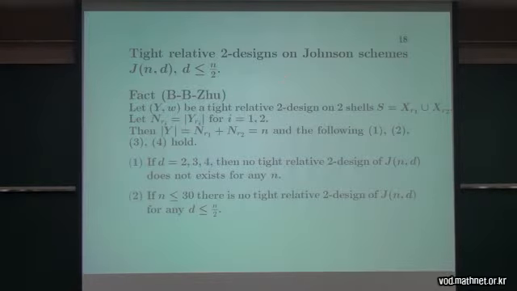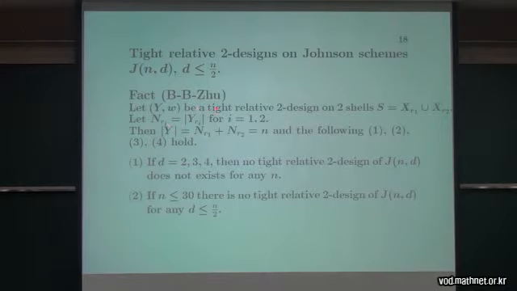Next, I would like to talk about the Johnson scheme's case. We assume d is less than n over 2, and this is still ongoing research, so I just put it as a fact. This is joint work with Hong and Yan Zhu.